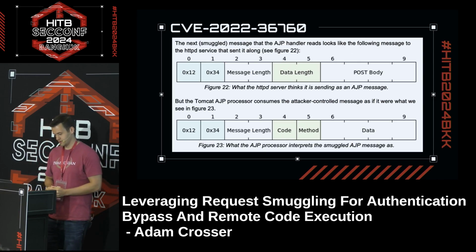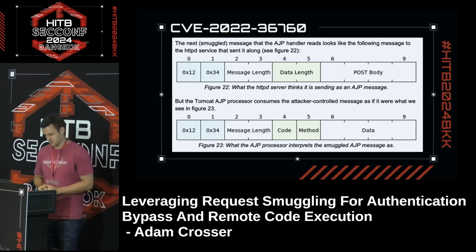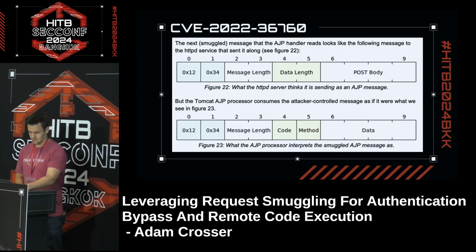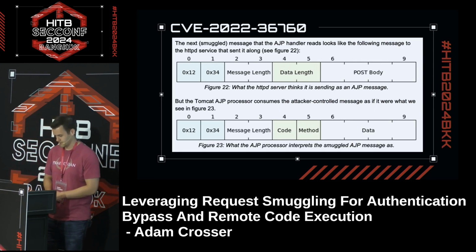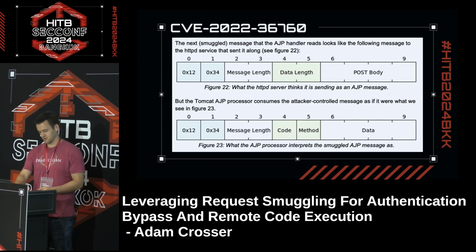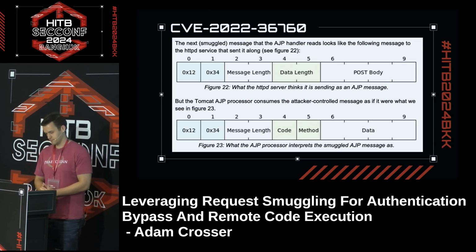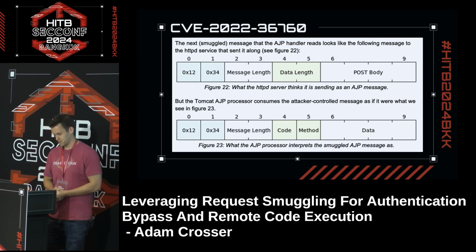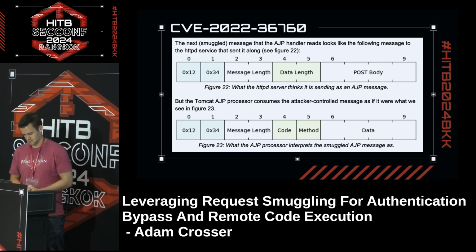And this is an issue because in the AJP protocol, it doesn't have very many fields, unlike the header section, but the magic bytes and the message length are going to be the same no matter what. But for a data packet, the fourth and fifth bytes are going to be the data length, whereas in a request packet, this is going to be the HTTP code and method, like saying this is a post request.